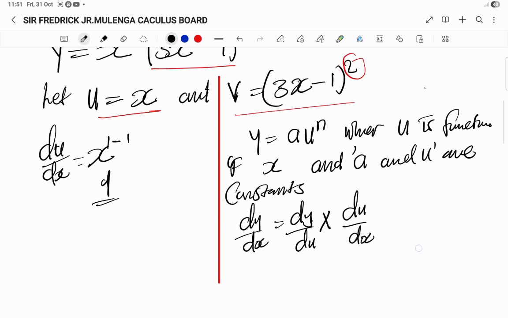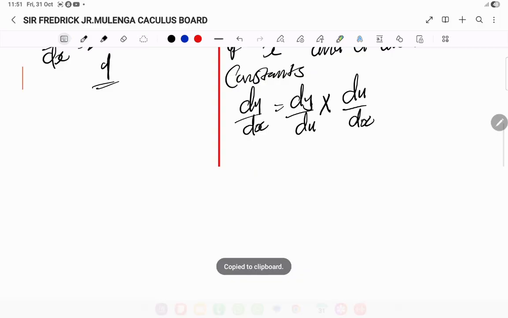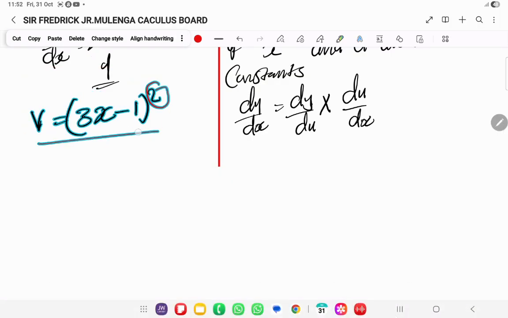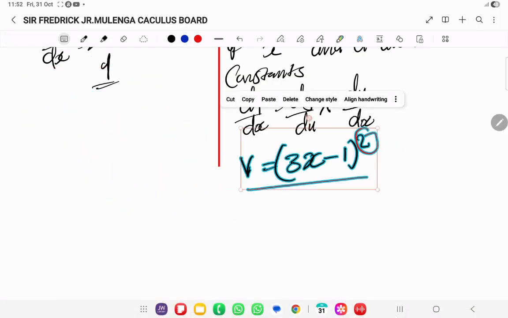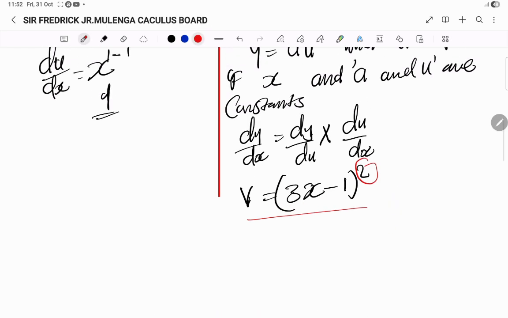Now, let's differentiate this function which we have. Let me copy it and paste it somewhere. So we differentiate this one, we'll bring it right here. The formula is that we'll divide the two.